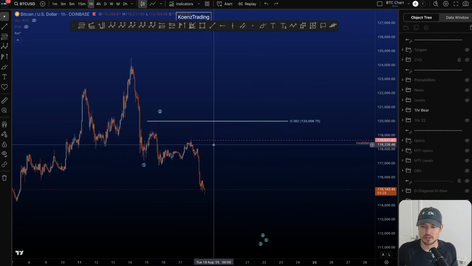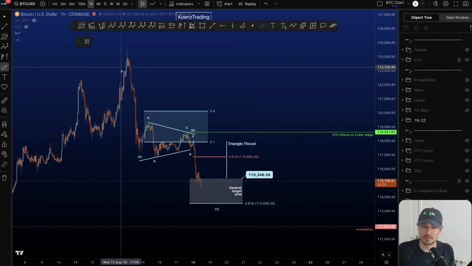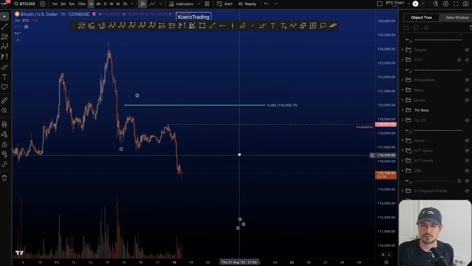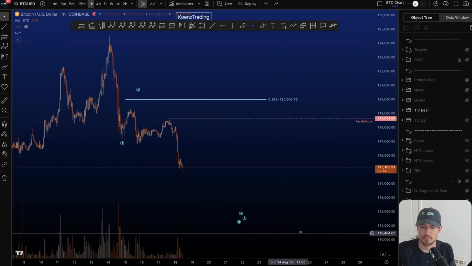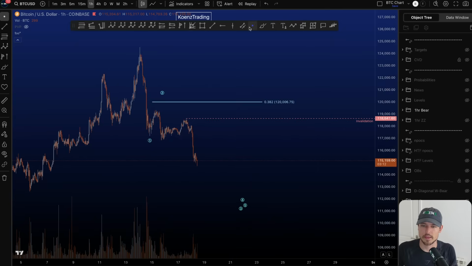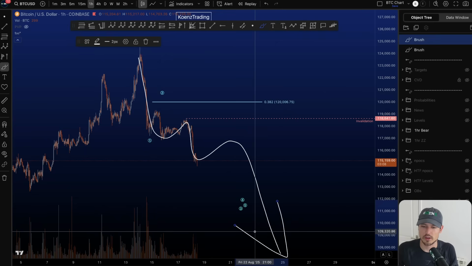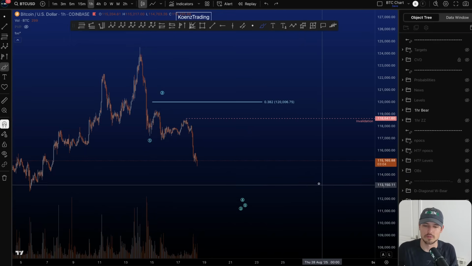Now the invalidation is 118.6K. We know that level because it basically confirms a three-wave structure for the bulls, so that's an important level. But something else that is not great in the impulse to the downside, at least not yet, is that we make another low on a lower amount of volume. What we like to see in an impulse is a wave 1, 2, maybe another 1, 2, but eventually a large wave 3 to the downside, and wave 3 most commonly has the highest amount of volume.